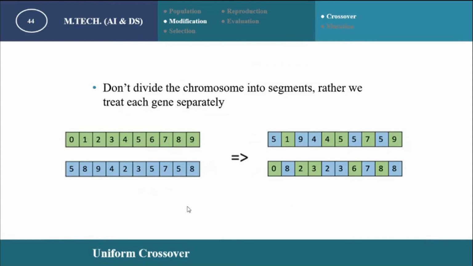Then the next type of crossover is uniform crossover. In the case of uniform crossover, we are not dividing the chromosome into segments, but we treat each gene separately. We know that each position represents a gene.